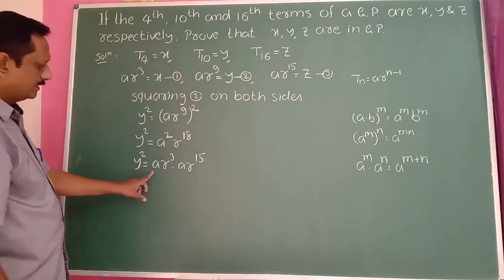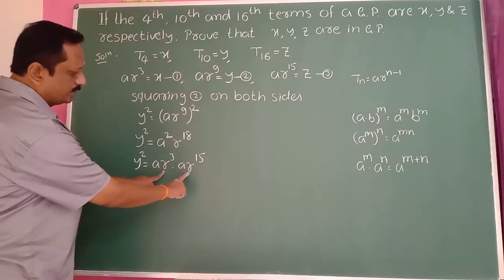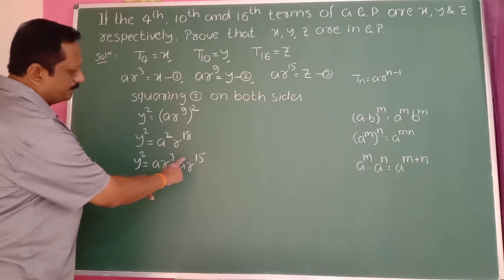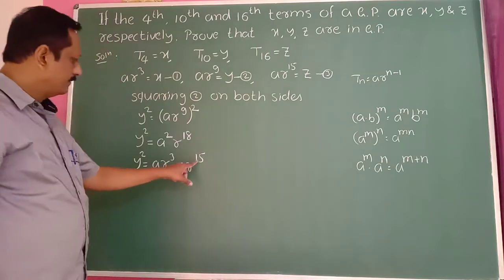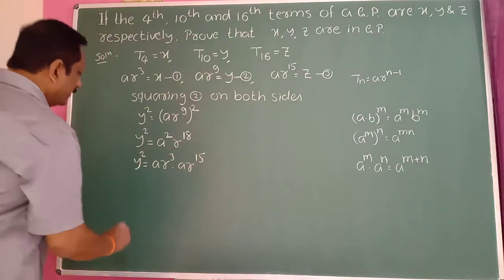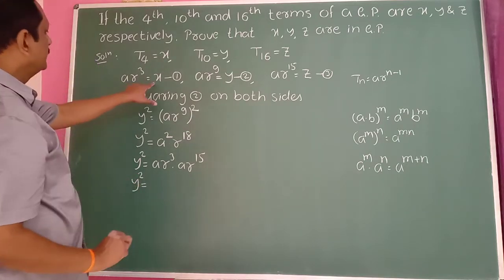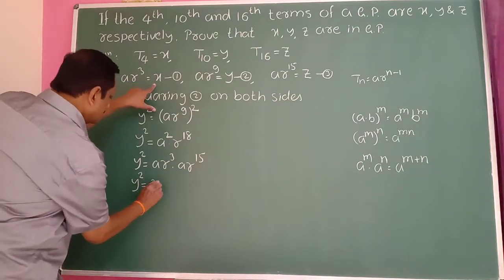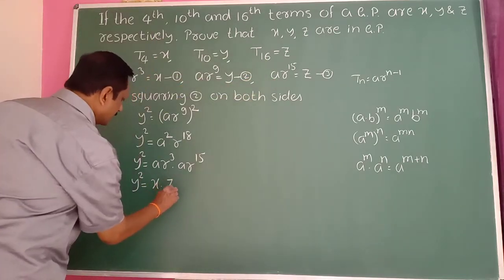Because A into A becomes A square, and R cube into R raised to 15, 3 plus 15 is 18. So 1 plus 1 becomes 2 here. Therefore y square is equal to A R cube, which is x, into A R raised to 15, which is z.